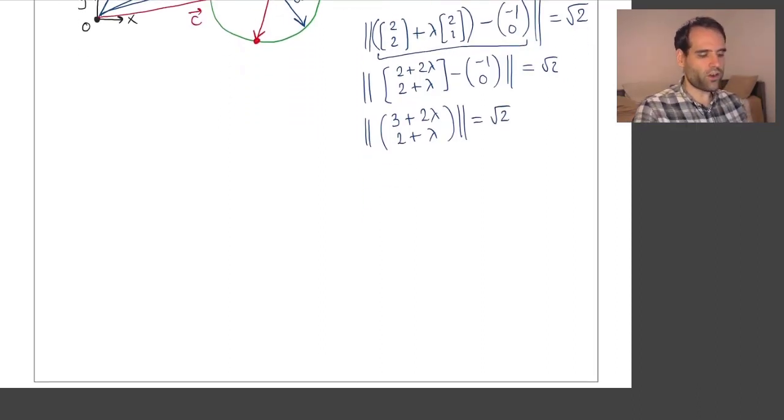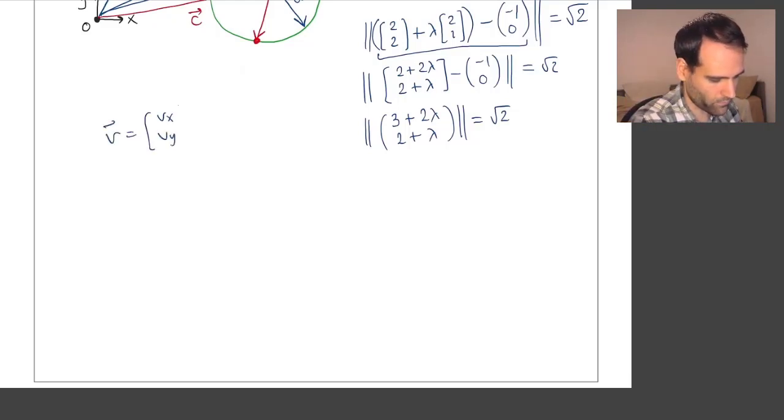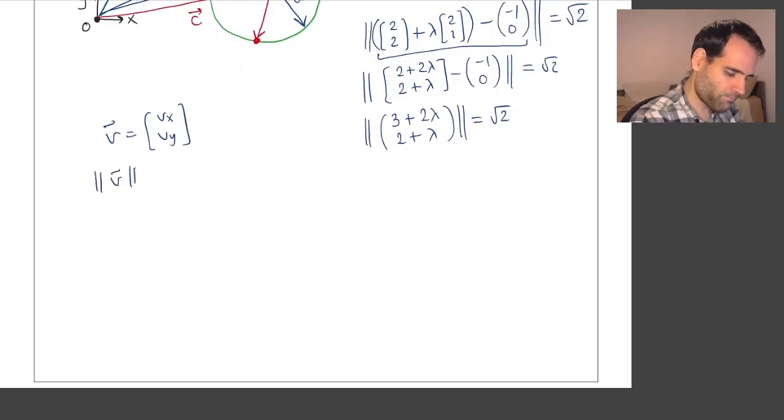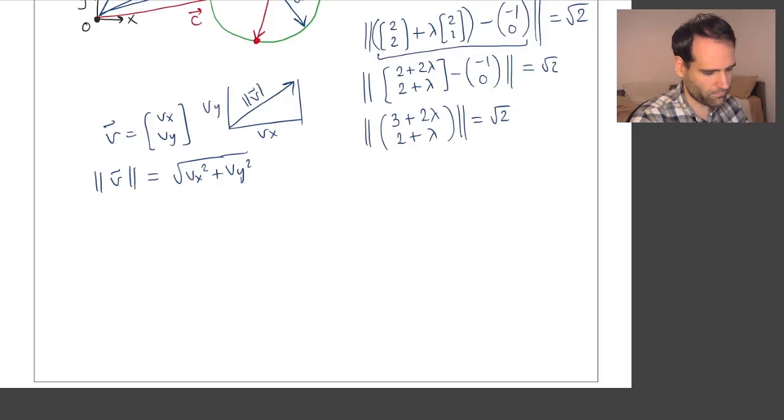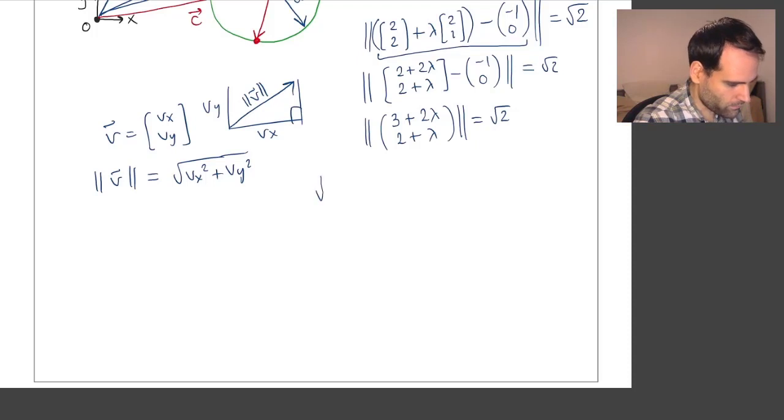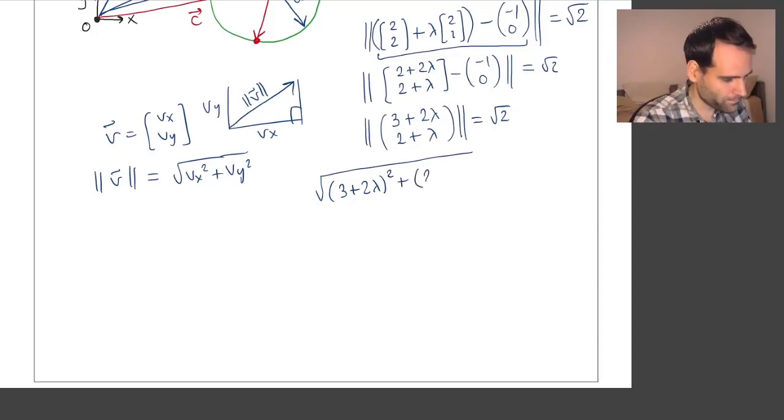So how do you calculate the norm of a vector? So remember, if a vector v is equal to (vx, vy), the norm of vector v is equal to the square root of vx squared plus vy squared. And this is just Pythagoras' theorem. So let's do the square root of the first component squared plus the second component squared equals square root of 2.